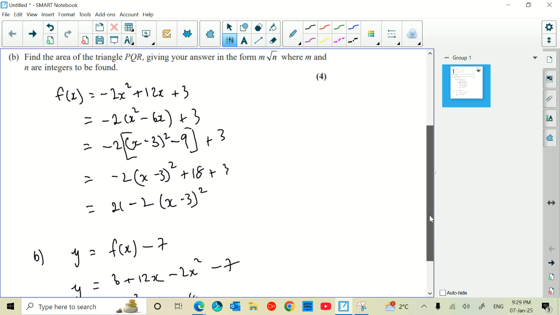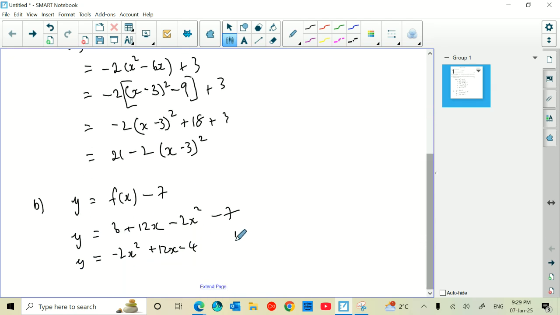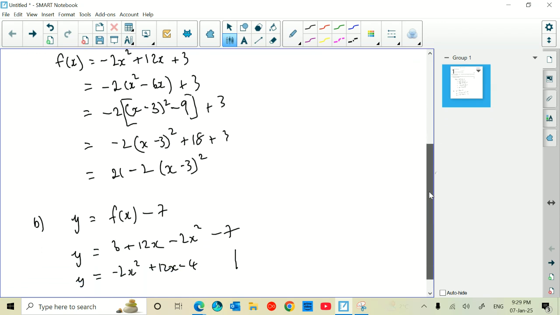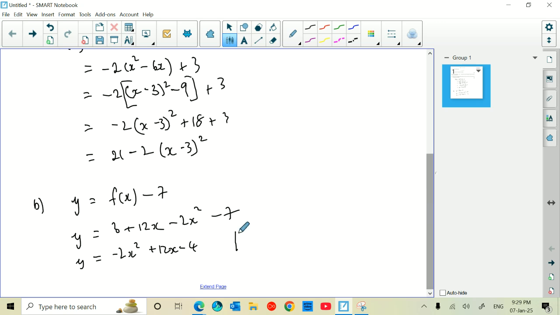So we've got that part, but we also need to write down what we found when completing the square, because we can of course use it hopefully later on when we're trying to find the points P, Q, and R. So we found that through completing the square, y is equal to 21 minus 2 times x minus 3 all squared.